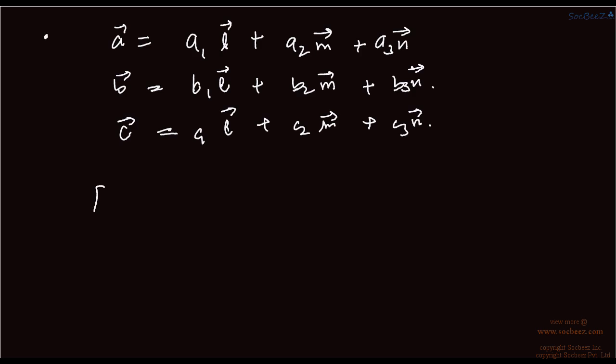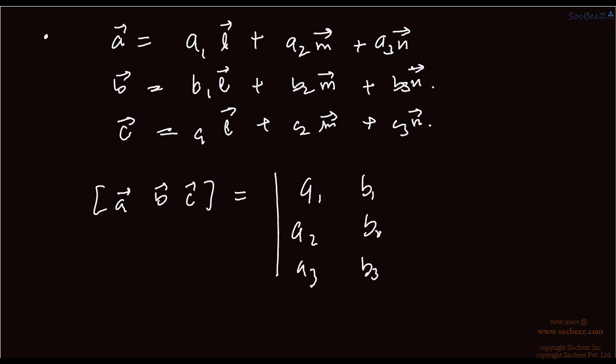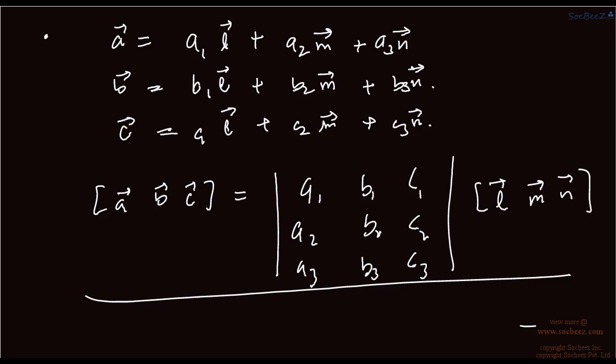Then the scalar triple product of ABC will be again the same determinant, A1, A2, A3, B1, B2, B3, C1, C2, C3. This is the transpose I have written. You can write the other one which I wrote earlier; it doesn't make a difference. Okay, so this is the equality, and these are non-coplanar. These do not lie in a plane, because in that case it will be 0.